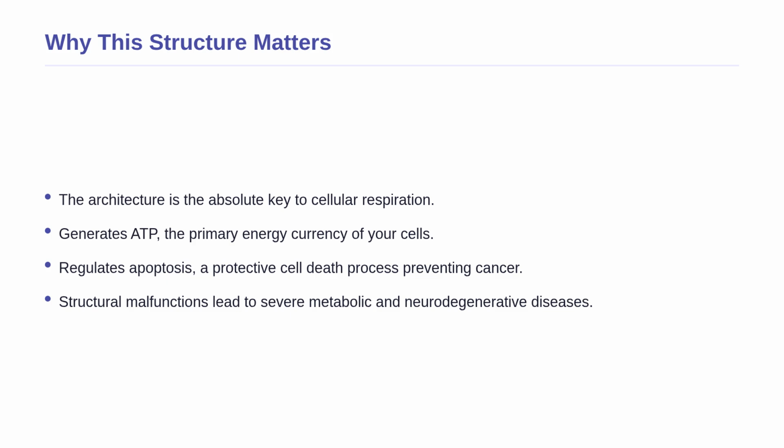It powers your brain to think and your heart to beat. Furthermore, mitochondria play a critical role in deciding when a cell should naturally die, a protective process called apoptosis that helps prevent diseases like cancer. Malfunctions here lead to severe metabolic diseases.